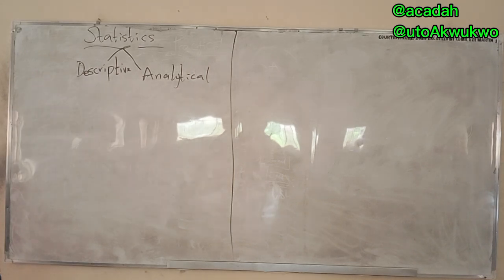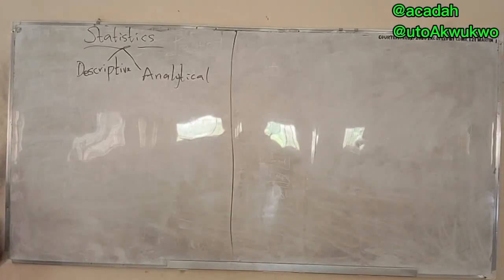But the minute that data becomes too large, that you can't just handle it on the spot, you start to look at what we call analytical statistics. Analytical statistics is a type of statistics that deals with quantitative analysis of information, or large data.